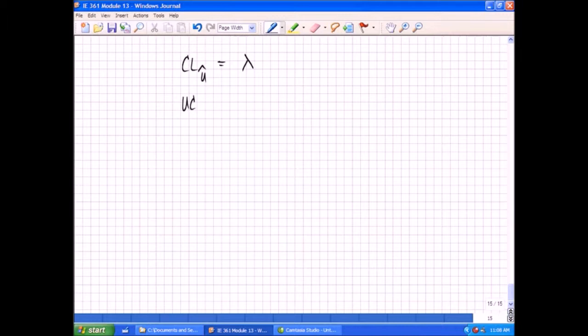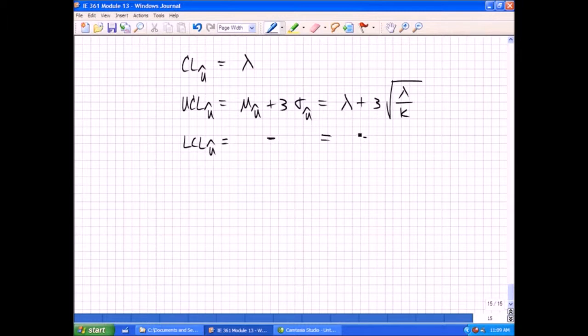The upper control limit for u hat is going to be at the mean for u hat plus 3 standard deviations for u hat. That's lambda plus 3 square roots of lambda over k, and the lower control limit for u hat is going to be that thing with a minus sign in there.